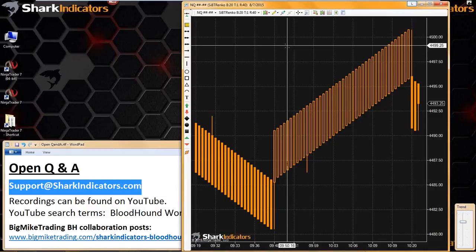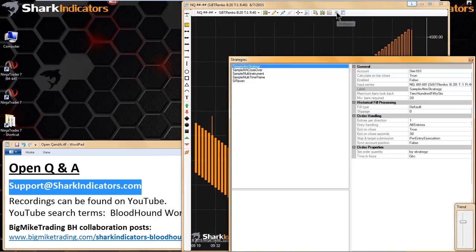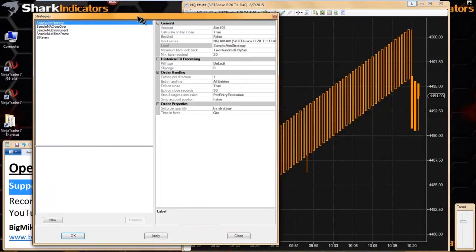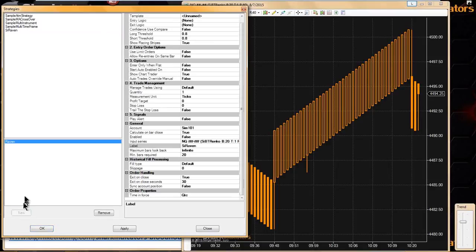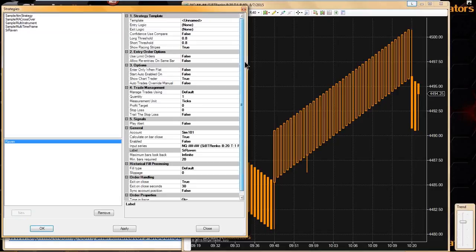There's a key part in Raven to get this to work. So let me open up the strategy window here. Alright, so we're going to add Raven here. Now when you're setting up Raven, essentially just start from the top and work your way down until you get to the enable section here to turn it on.